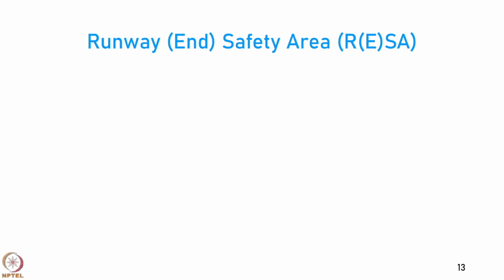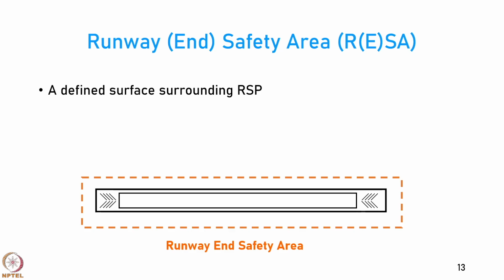Then we have runway safety area or runway end safety area. Now, it is a defined surface which surrounds the runway structural pavement. Some of it is at the ends and some of it is at the sides. Together it is called the RSA.